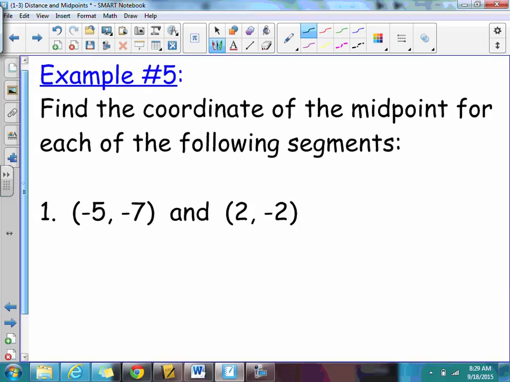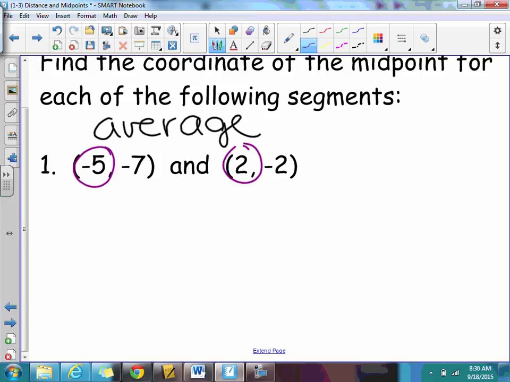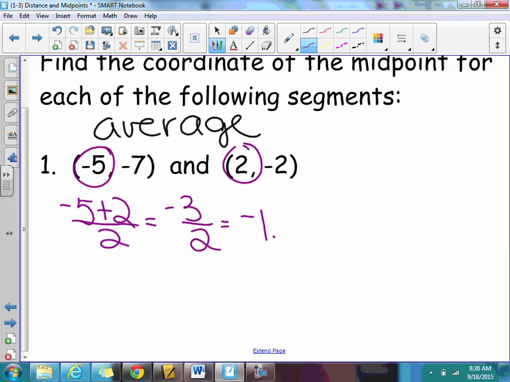All right. So if I want to find the midpoint, I want to find the average. Okay, so here's my x's. Let's average them. -5 plus 2 divided by 2. So -5 plus 2 is -3, divided by 2 is -1.5.